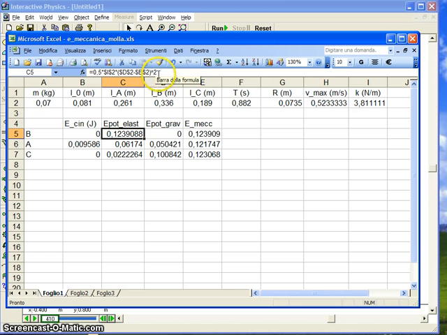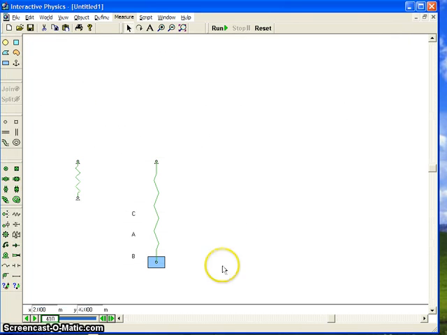This is the formula to compute the potential energy. The gravitational energy was 0 in the B position because we can consider the B position as a reference level.